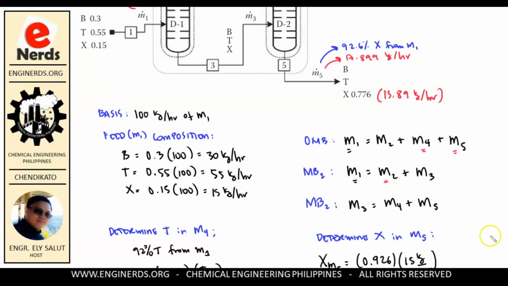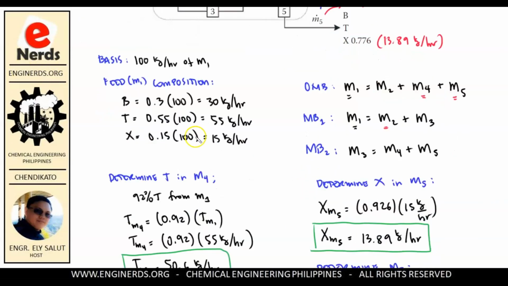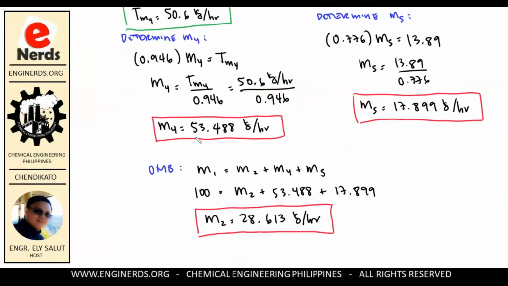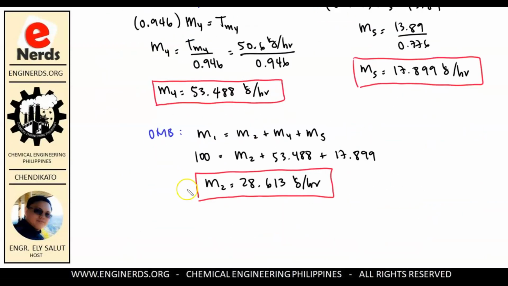So I'm going to use this one, our material balance in the second unit, to determine the value of our M3.